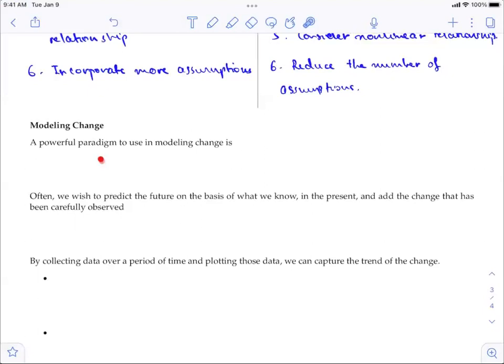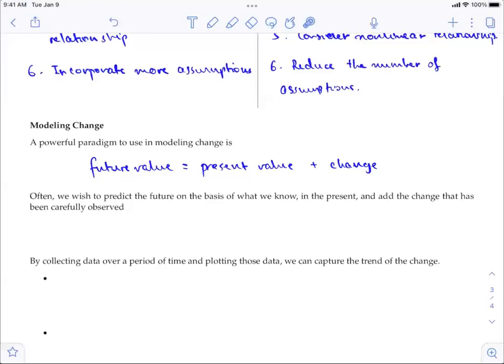In other words, the future value is equal to the present value plus some changes. This is what we're going to spend a lot of time on: we have the present value and we want to make predictions for the future value.